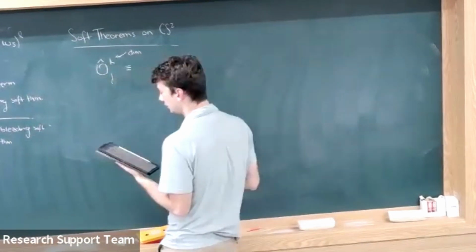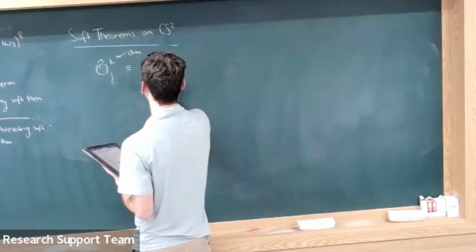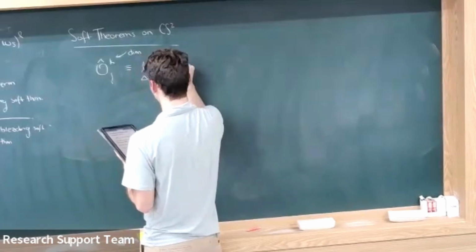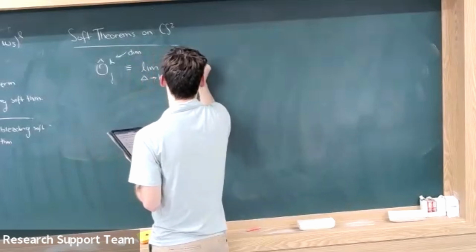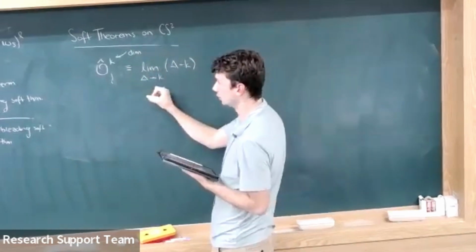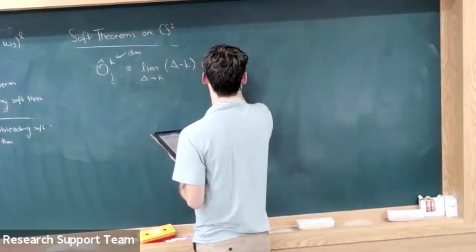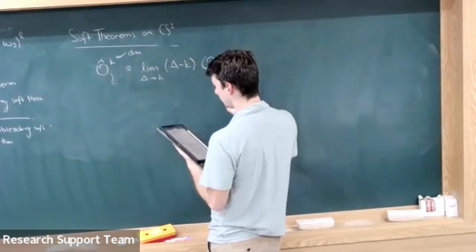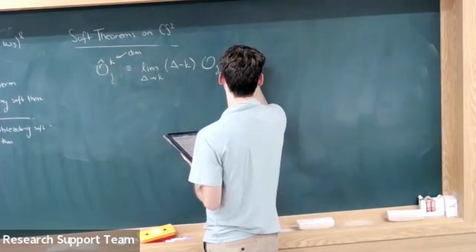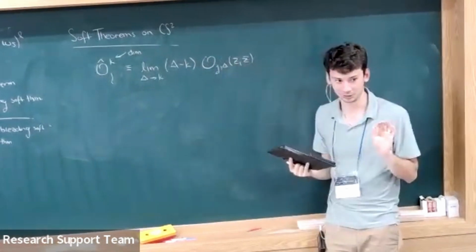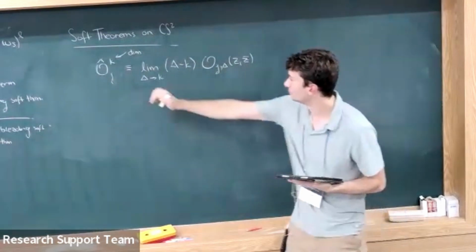Okay, so these hatted conformal primary operators are given by the following. Some limit as the conformal dimension goes to this integer or half integer times the conformal primary operator at this dimension. All right, so immediately alarm bells should be going off in your heads.